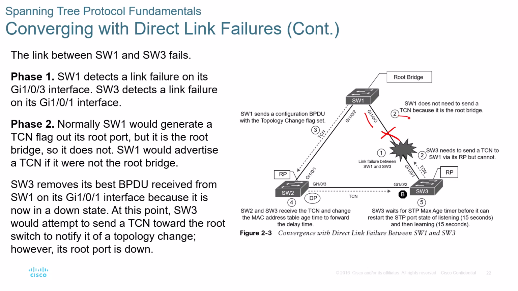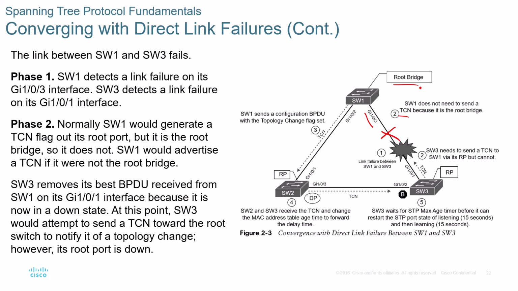TCN notifies the root bridge. The root bridge knows normally data from switch 1 will go to switch 3. So normally switch 1 would generate a TCN flag out its root ports, but it's the root bridge, so it does not do that. Switch 1 will then advertise a TCN if it were not the root bridge.